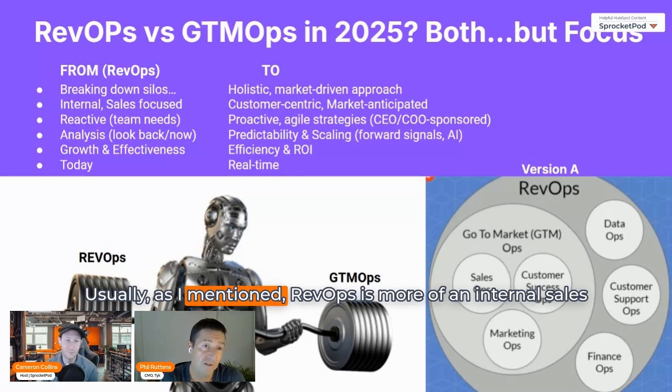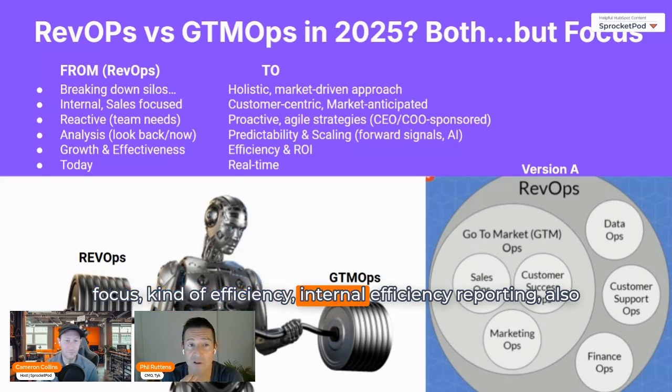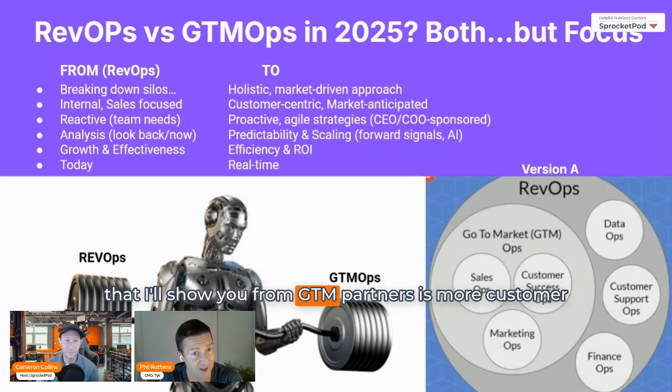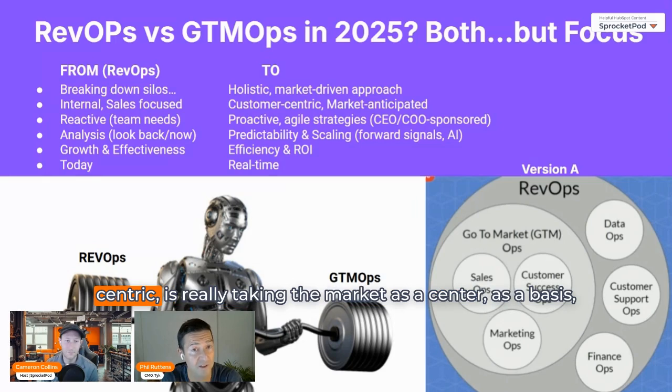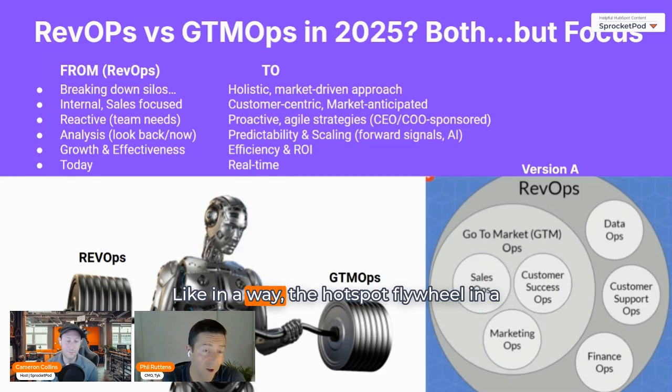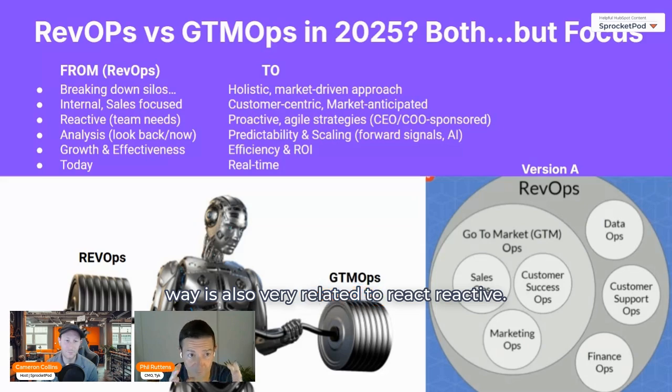Usually, as I mentioned, RevOps is more of an internal, sales-focused kind of efficiency, internal efficiency reporting, also data reporting, dashboard, while go-to-market ops in the next version that I'll show you from GTM Partners is more customer-centric, is really taking the market as a center, as a basis, and everything around will be a wheel, basically. Like, in a way, the HubSpot flywheel, in a way, is also very related to that.